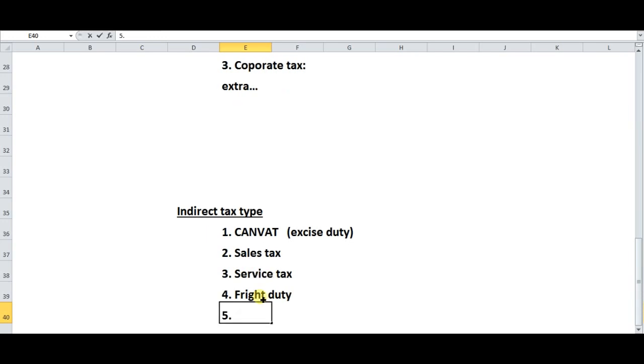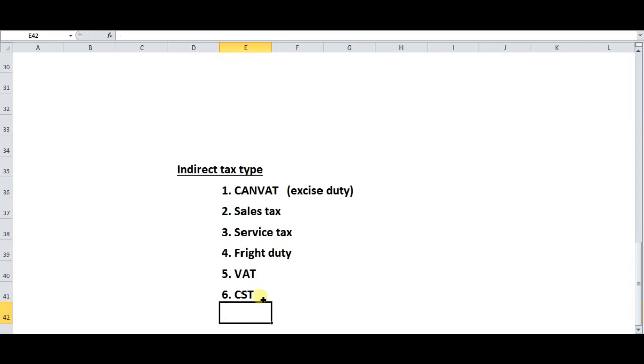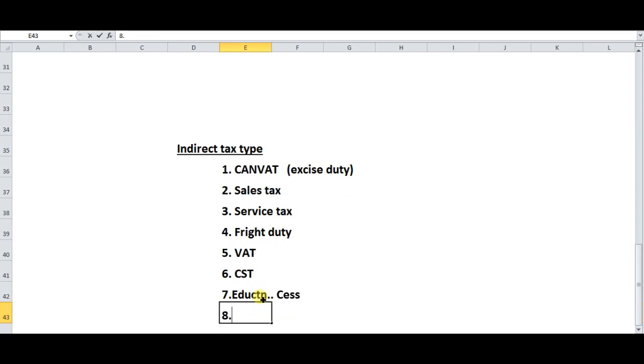Fifth one, value added tax. Sixth one, central sales tax. Seventh one, education cess. Eighth one, higher education cess.